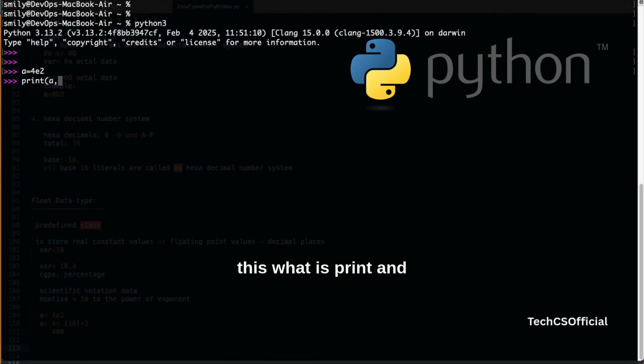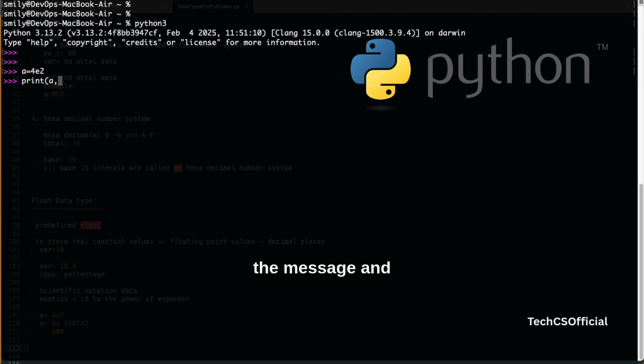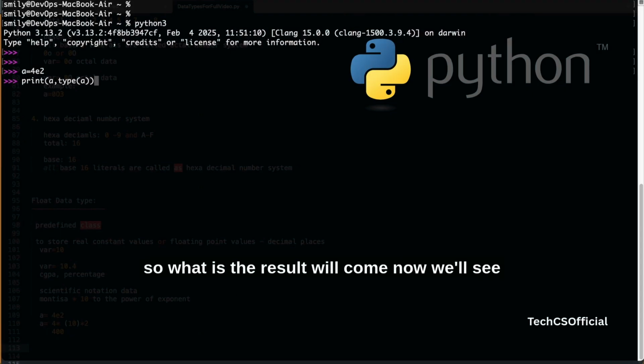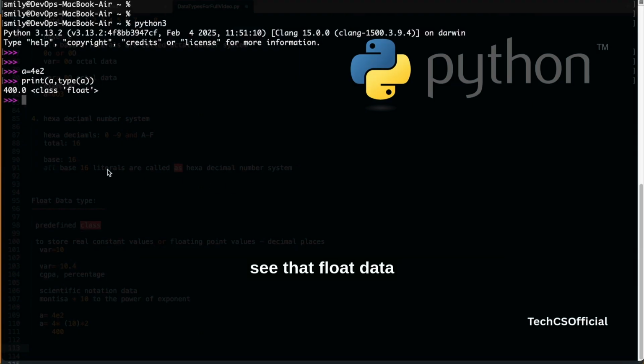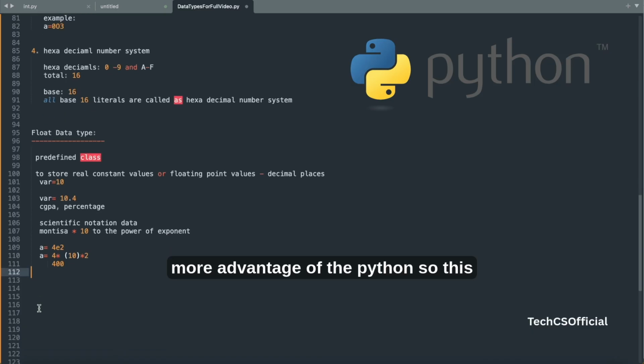I will explain print and how data types are printed later. There are multiple ways to print with a message and the type of a. Now the result will come: the float data type, 400, exactly what I explained. This is the advantage of Python: scientific notation data will work.